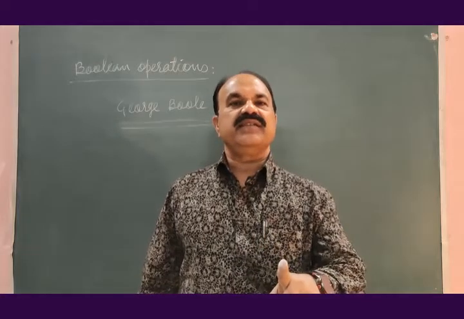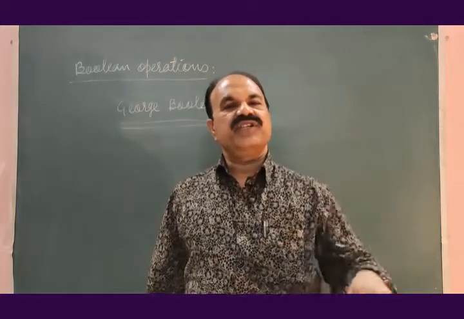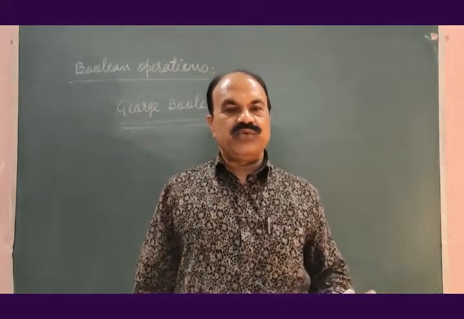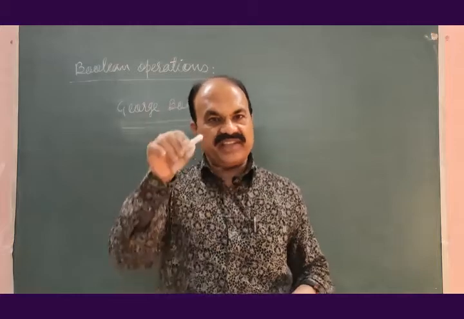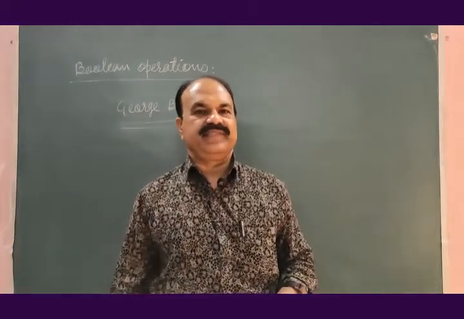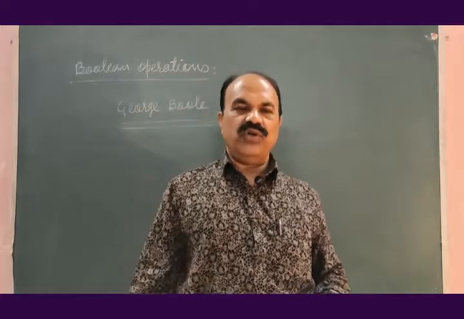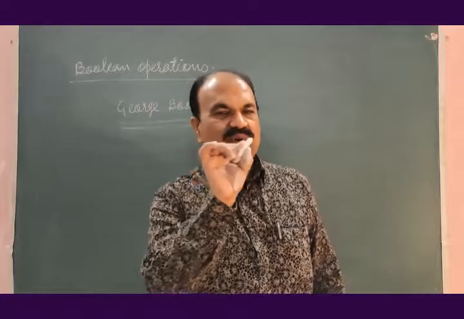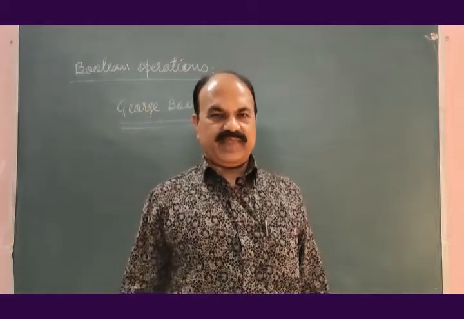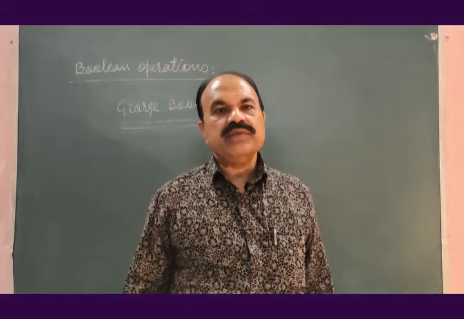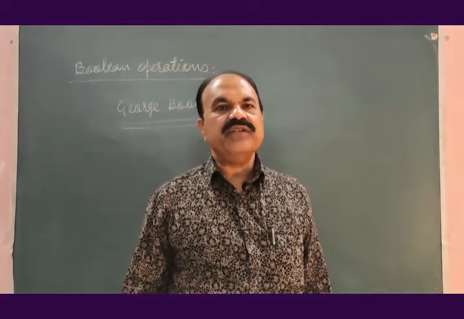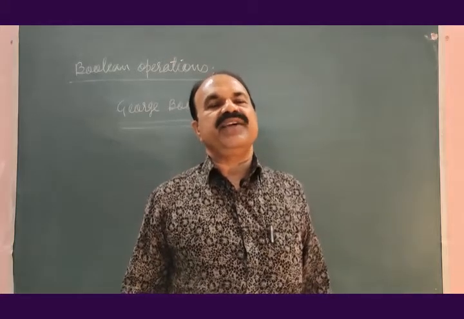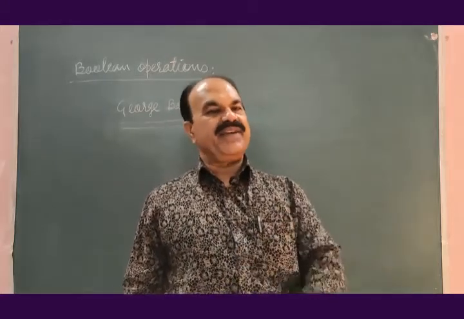Without an operator, any operation could not be done. To do addition, the operator needed is the plus symbol. To do subtraction, the operator needed is the minus symbol, negative sign. To do division, we need the division operator. To do multiplication, we need the multiplication operator.